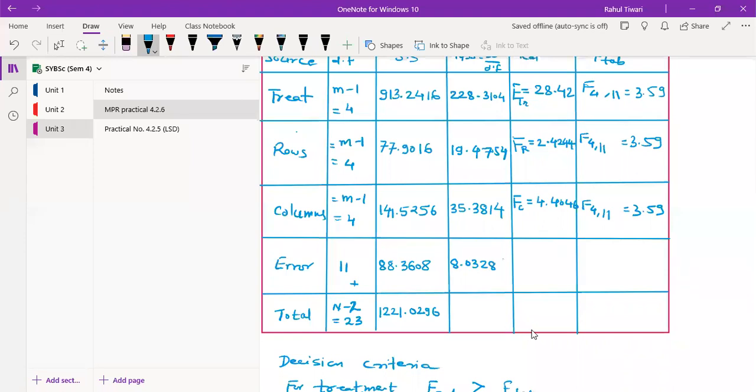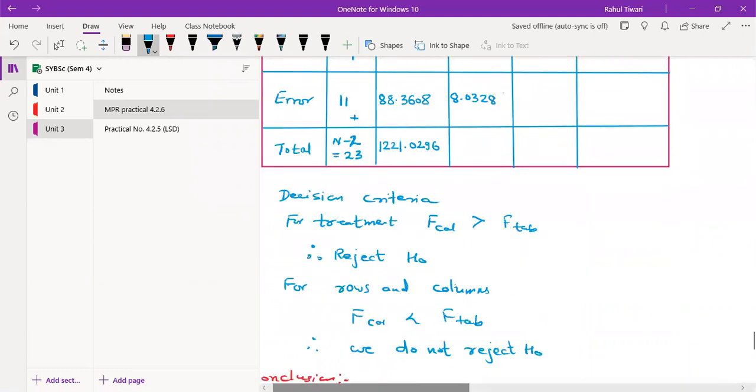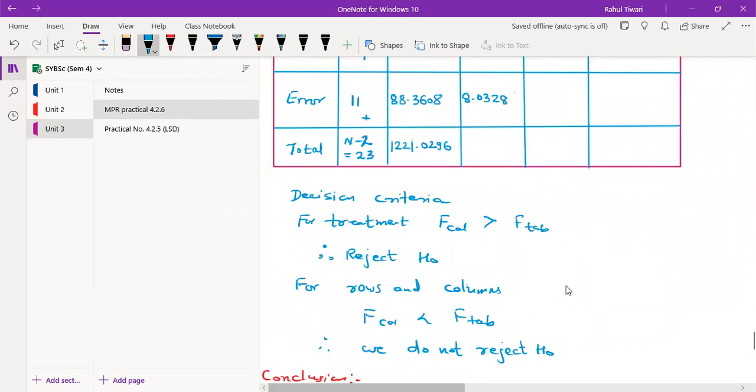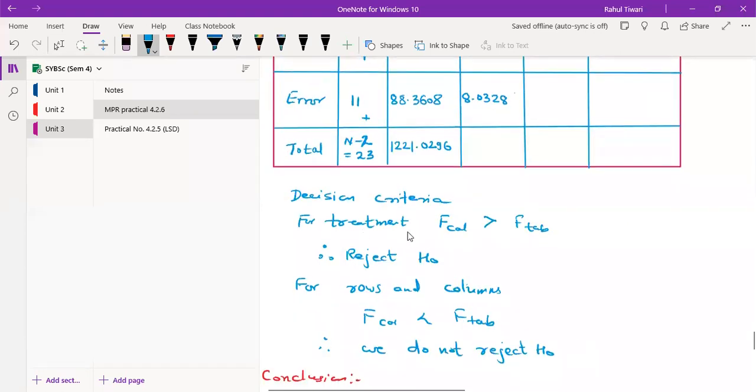And hence, you have the decision criteria, and you can put the conclusion. So for treatment and column, F cal will be greater than F cap. But for the rows, it is less.